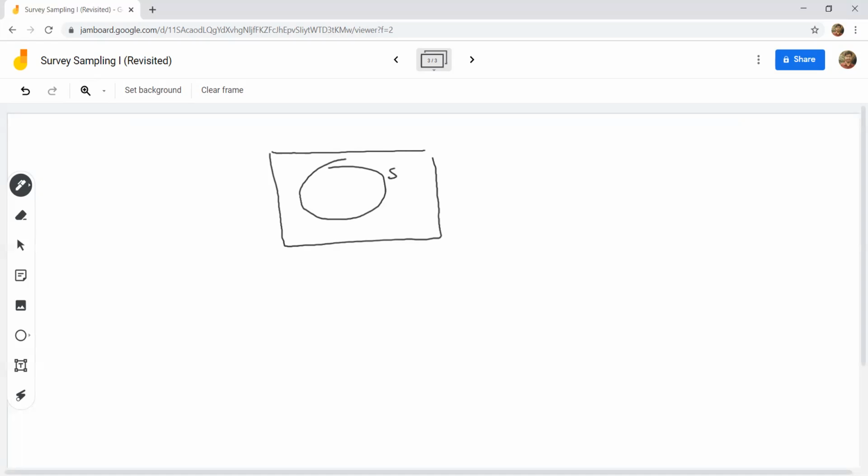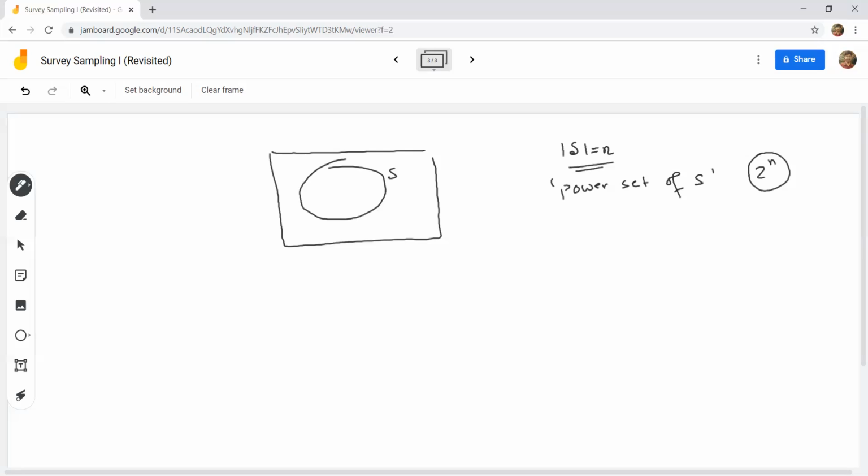Say the cardinality of this set is small n, that is, it has n elements. What is the number of all possible subsets this set can have? Or as we say, what is the power set of S? 2 to the power n? Yeah, it has 2 to the power n elements. Okay, so it can be fragmented into 2 to the power n parts.